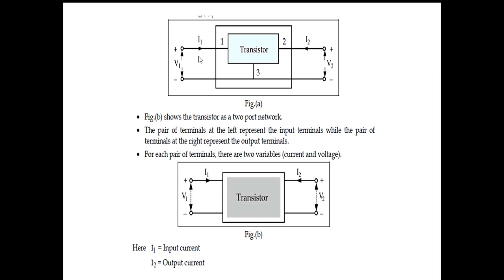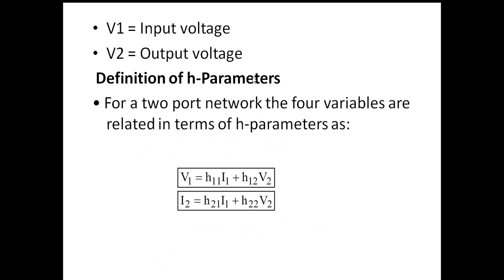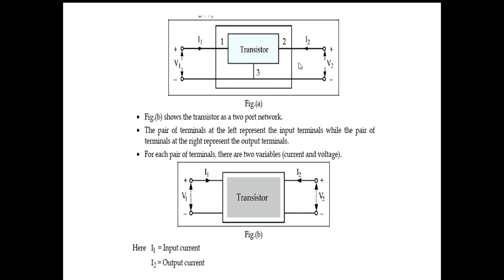These two terminals are considered as input terminals and these two terminals are considered as output terminals. In between these two there is a block. This is called a two-port network. It consists of some network inside. The transistor may be connected with some network, maybe transistors, resistors, capacitors or anything else.